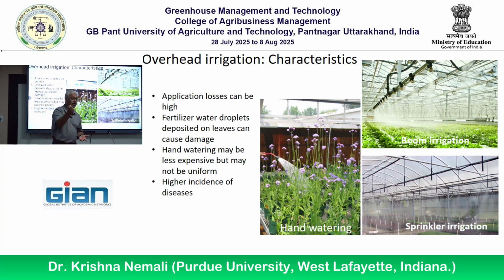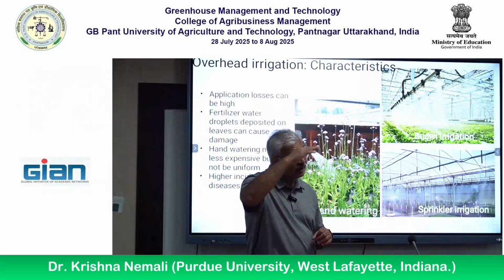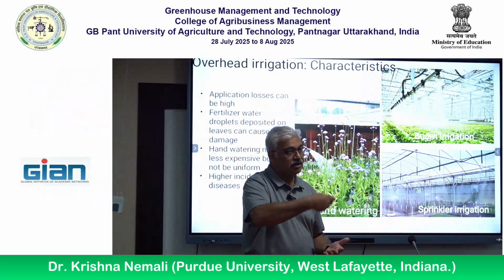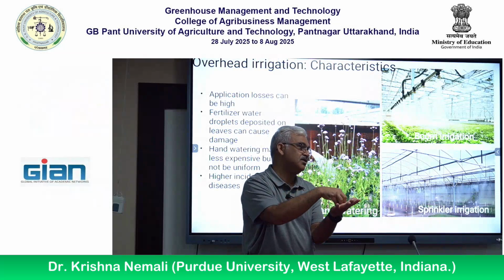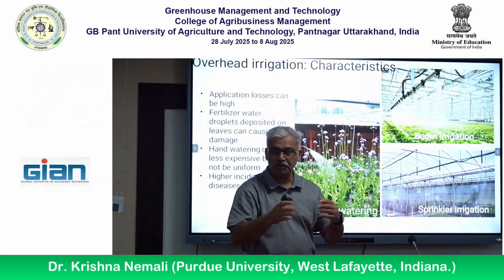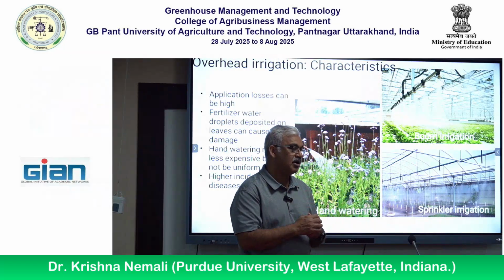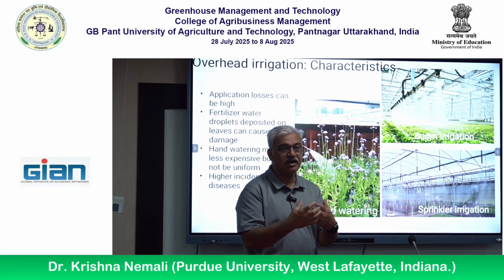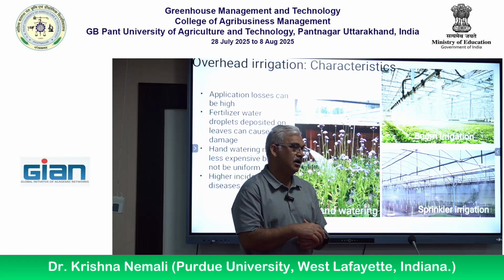So when you are adding from the top, we all know that when you add water on top of the plants, sometimes that favors insects and pathogens, mostly fungal and bacterial diseases. They go up because it's humid. When you add water to plants, the water remains on the leaf for a long time, and during that time you are creating a congenial environment for bacteria and fungi to grow.